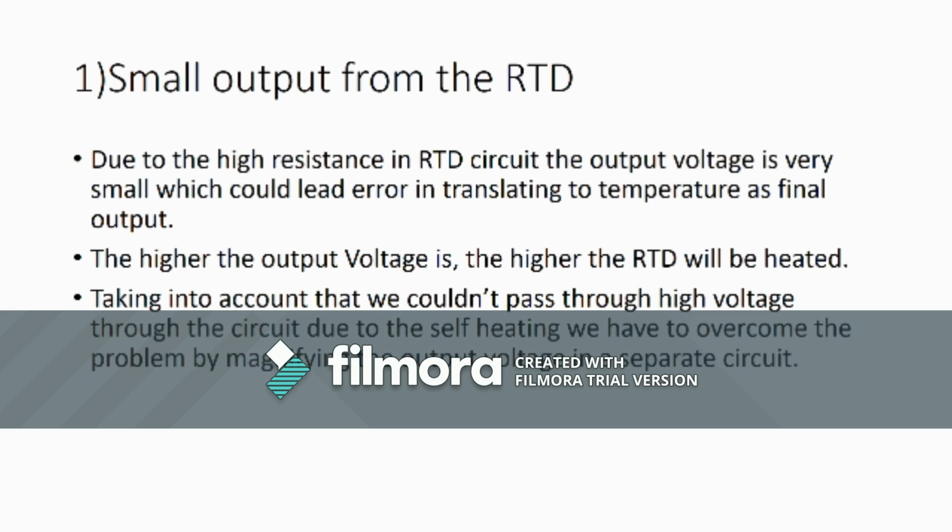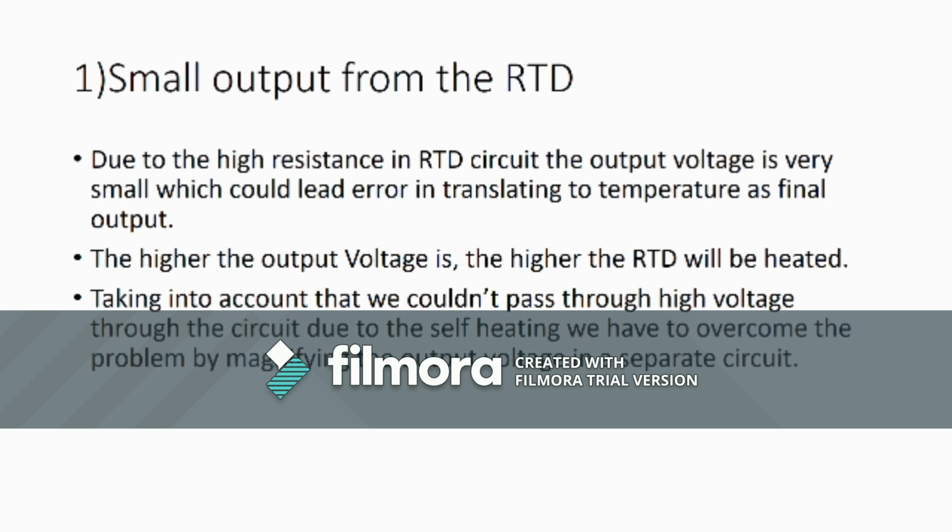The highest could be 30 millivolts. Taking this into account, we have to find a solution to magnify the voltage so that we will get less error during our translation from the voltage output to the temperature.